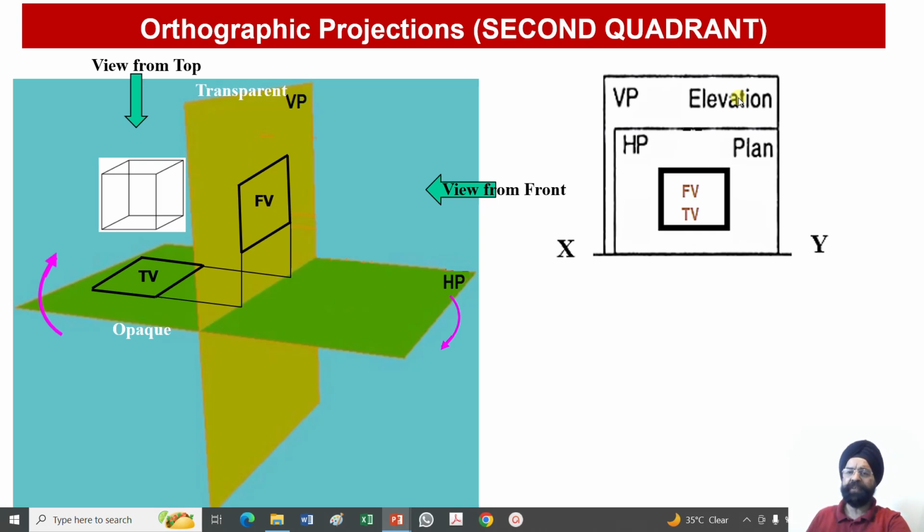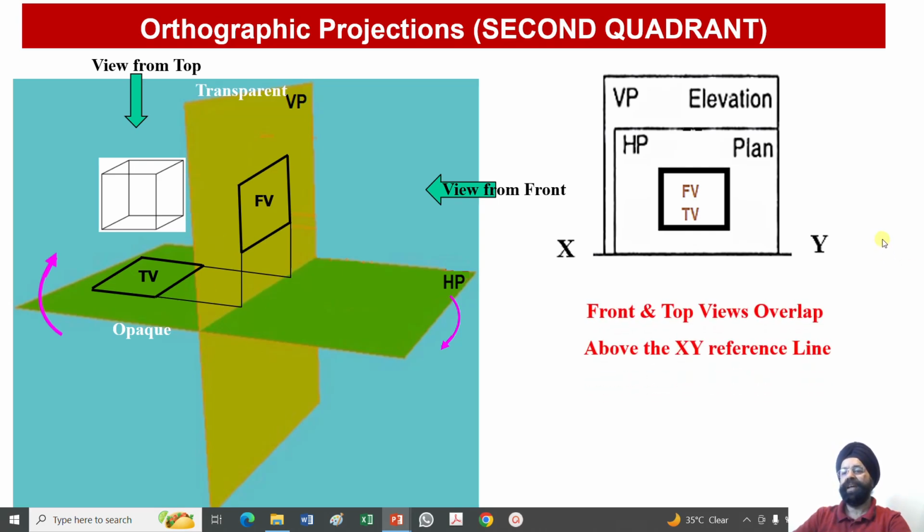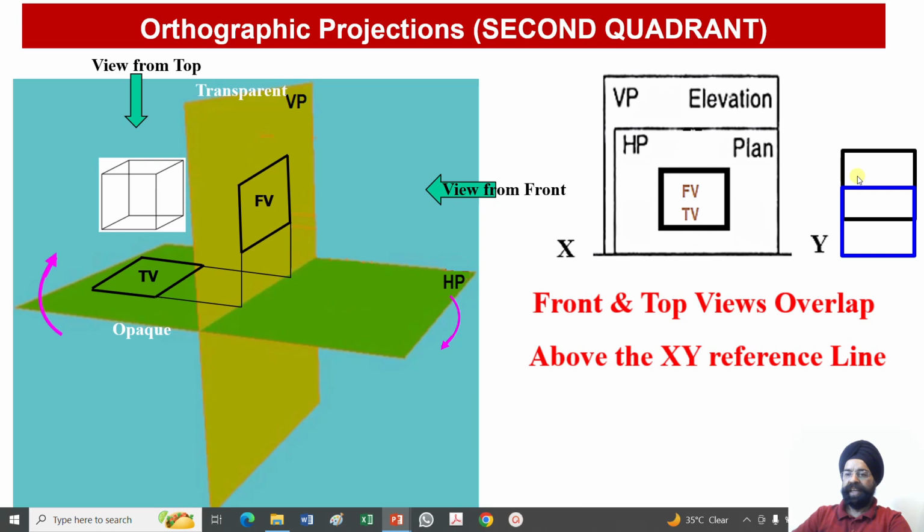It is an interfering view, and even if I had taken different distances, this situation would have arisen. If the distances are different, still the views would be intersecting. Whichever view is located at a larger distance will appear on the upper side. Whichever view is located at a shorter distance from the VP or HP will be located at a lower position. So if the distances are the same, they will be perfectly overlapping.